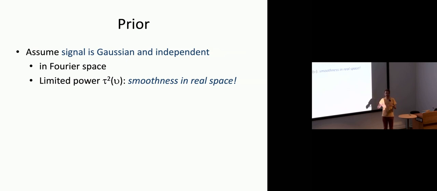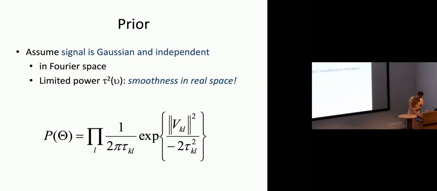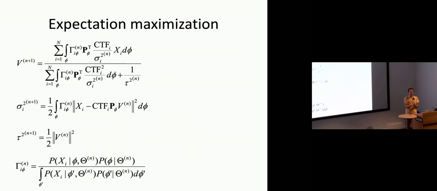So I'm going to penalize very high spatial frequency reconstructions, only letting through good lower spatial frequency terms. Okay, now you can put all that in nice equations, which you can then solve in an iterative algorithm, which is convenient, and you can implement it in a program, and that was called RELION.